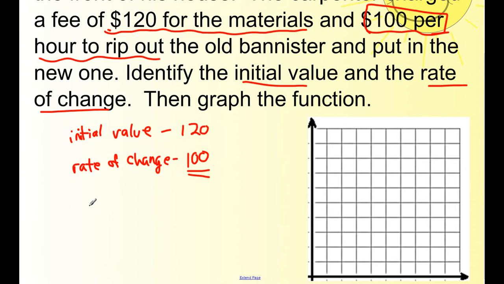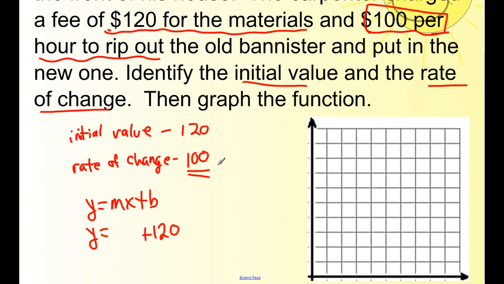So if we go, let's see, y equals mx plus b, y equals, all right, the initial value, the starting value, is our b. That initial value is our y-intercept.